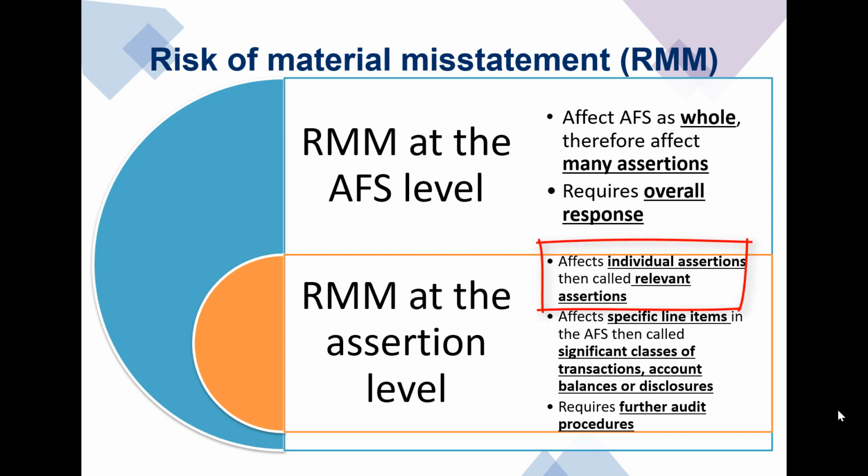And the line items that we identified are referred to as significant classes of transactions, account balances, or disclosures. Okay, so it's just important, make sure that you understand this terminology when we refer to it in questions, so that you are able to know what is required of you. For risk identified at the assertion level, the auditor will have to formulate further audit procedures to address the risk.